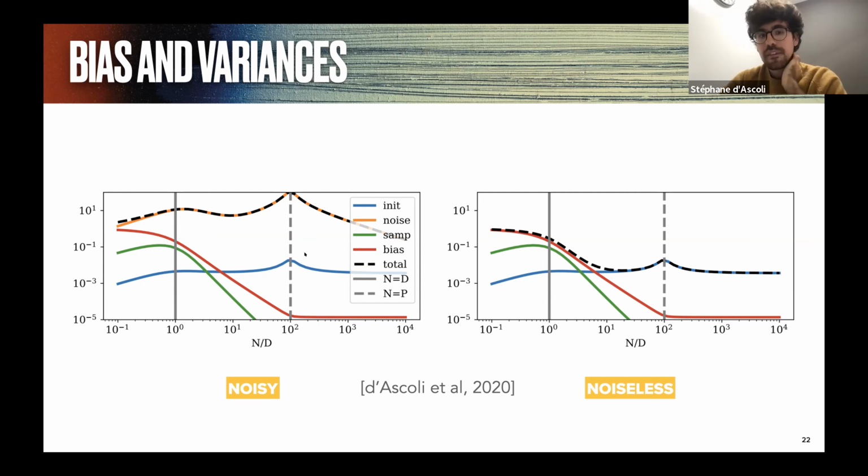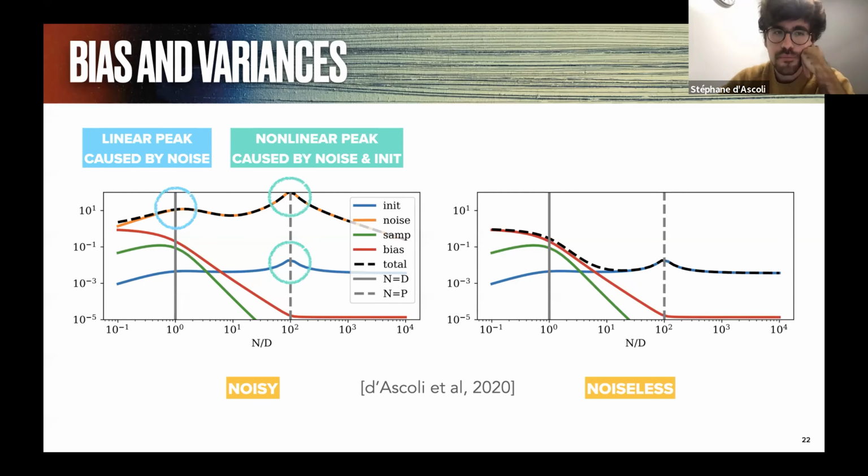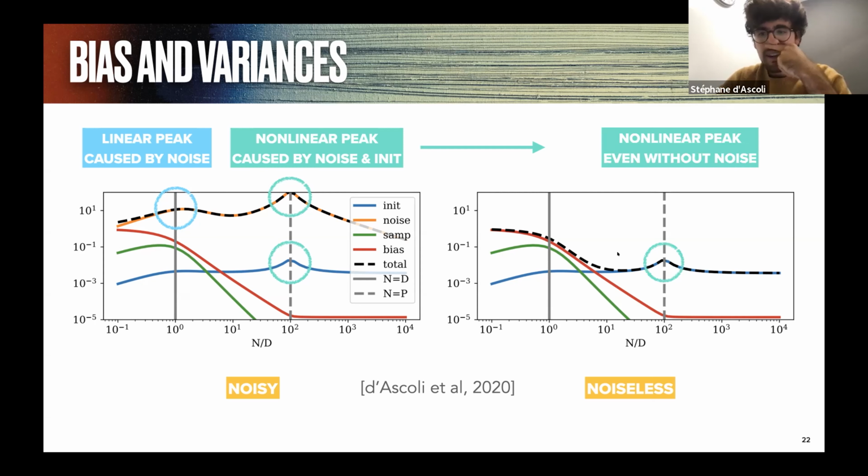And this makes sense, right? Because the n equals d peak is the one of linear models, and it makes sense that initialization doesn't contribute to this, because linear models don't have any notion of initialization, as I was saying previously. So to repeat: the linear peak is caused by the noise, whereas the nonlinear peak is caused both by the noise and initialization variance, as we called it, double trouble.